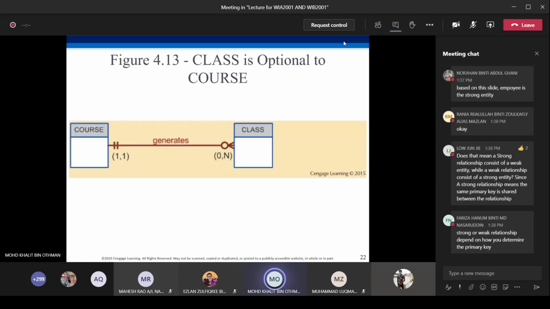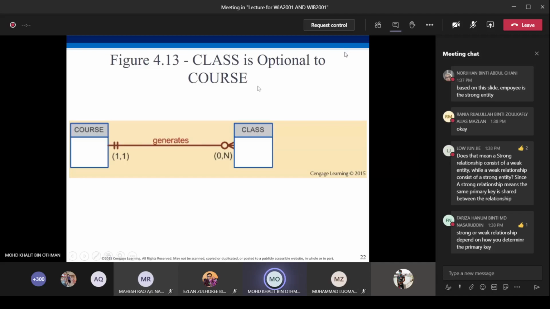Based on this Crowfoot model, for example, course generates class. We note that at least one course does not generate a class. Therefore, the class entity is considered to be optional to the course entity, which means a course can generate zero or many classes, and one class is generated by one course.